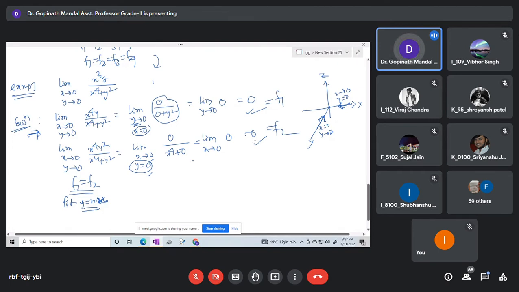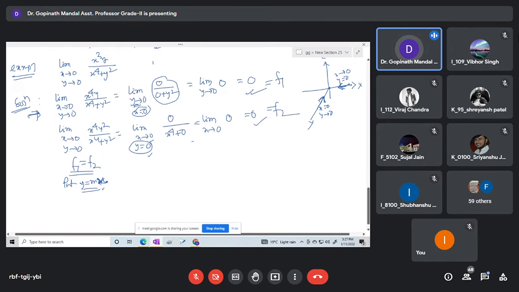That is 0. In the third case, y equal to mx. For m equal to 1, y equal to x, so you have to find the limit by this path. If the limit is equal, then we proceed. So put y equal to mx.